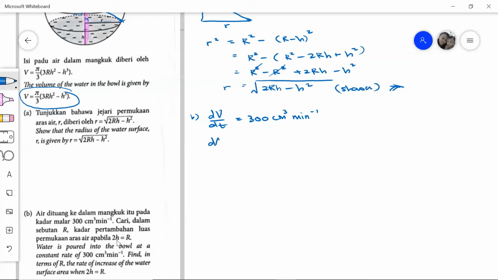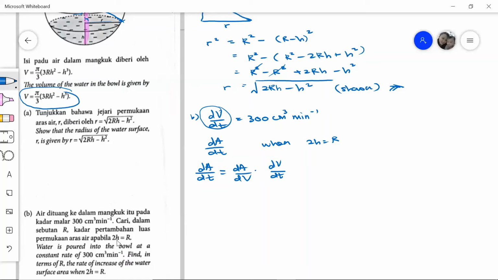So we're looking for dA by dt when 2h equals to r. So when we want to find the rate of change in one quantity, we split that into two parts and chain it together by the information that we have. In this case, it's dV by dt. So we chain this two with dV.